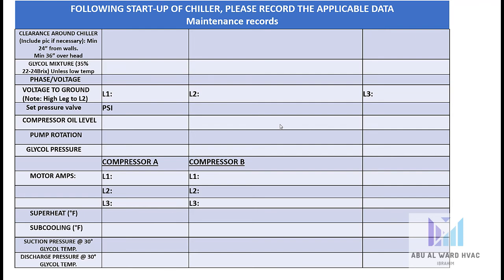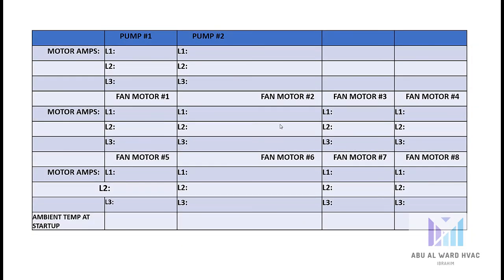During startup of the chiller, we have to record all of these numbers, including voltage, motor amps, suction pressure, discharge pressure, and finally ambient temperature at start up.